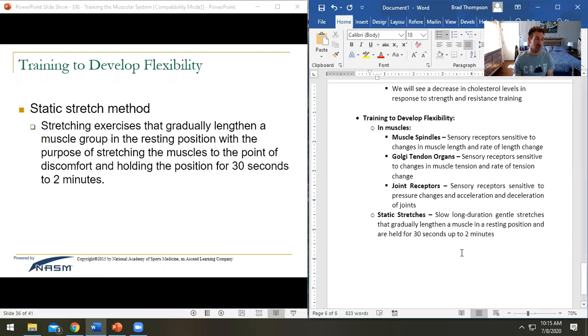Nassim's going to tell you a minimum of 30 seconds. That's one of the best ways that we use static stretches. And static stretches primarily rely on autogenic inhibition to increase muscle flexibility.